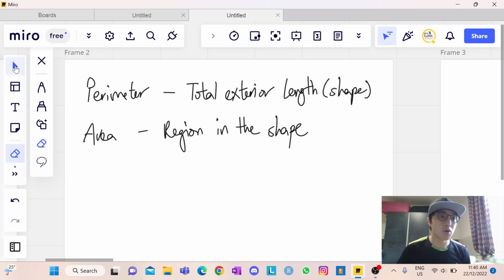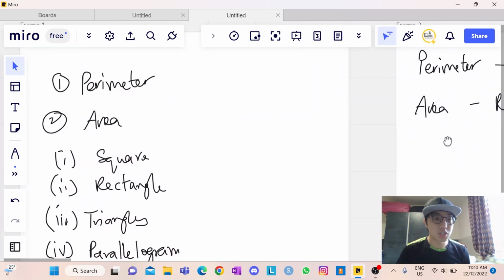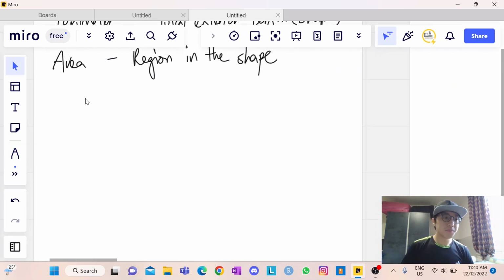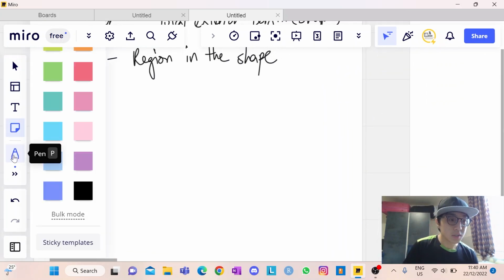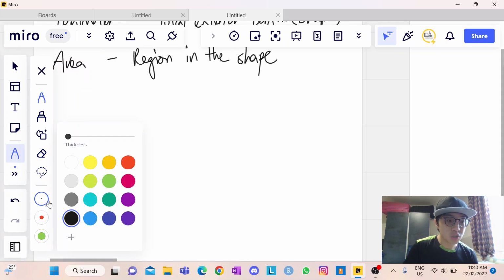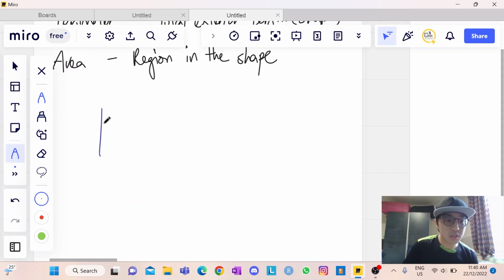So let's go on to our first shape for today, which is a square. All right, so first thing I'm gonna draw a square right here. All right, so this is a square. Okay, so to define this as a square, I must say all the sides are equal.